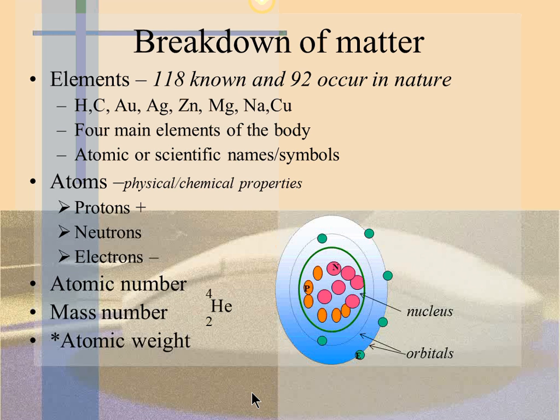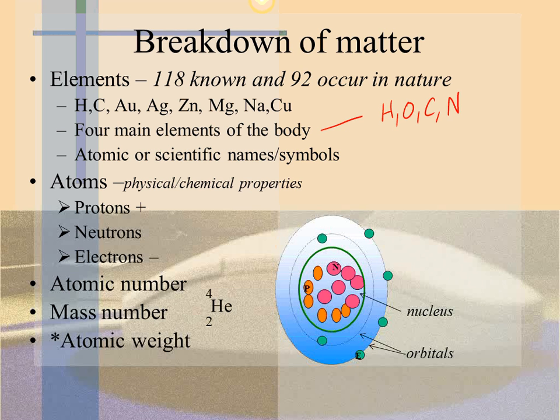Can anyone help me out with the four main elements seen in our body? Did someone say nitrogen? Yes, nitrogen. So hydrogen, oxygen, carbon, and nitrogen are the four main ones seen in our body, and the others are present as trace elements.